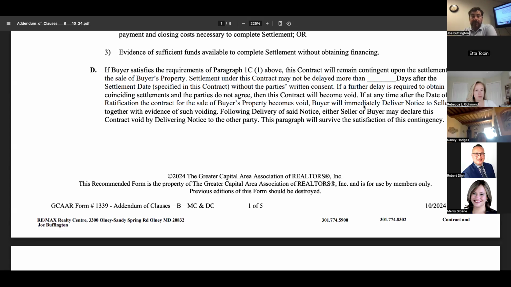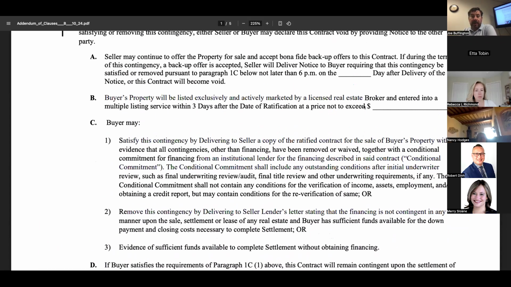Here's the other thing, I skipped over this a little bit. I'm big on this: whenever I get an offer, rarely does anyone ever submit proof of funds. I always ask for proof of funds. And in this case, I would ask for a net sheet if I'm the listing agent. Depending on how the financing is structured, they may be pulling their cash from the sale of the property.